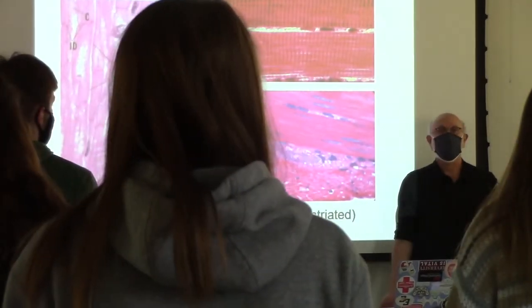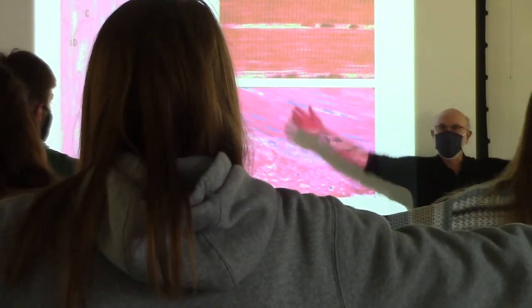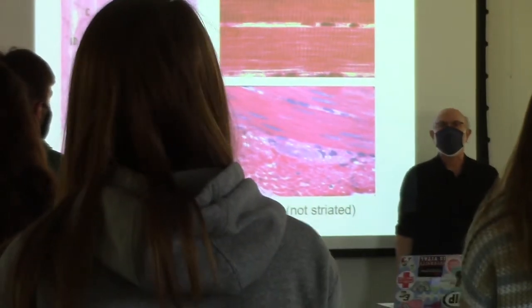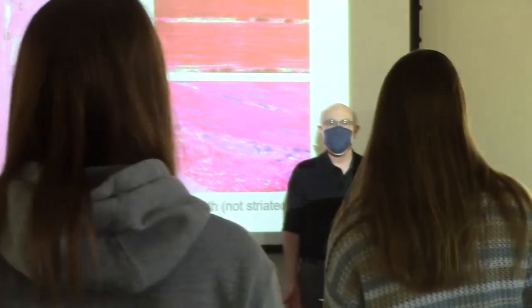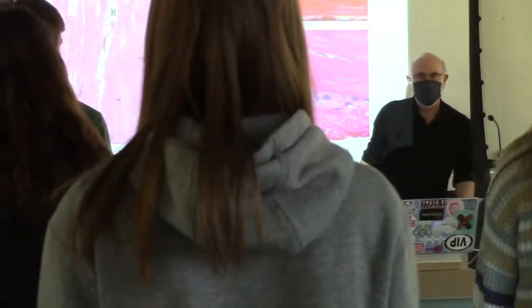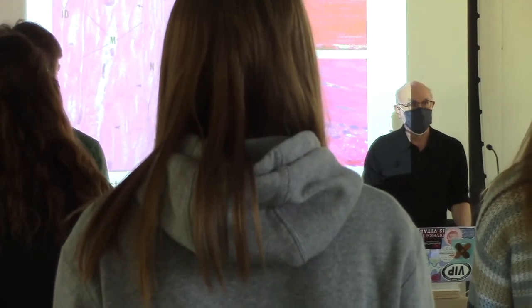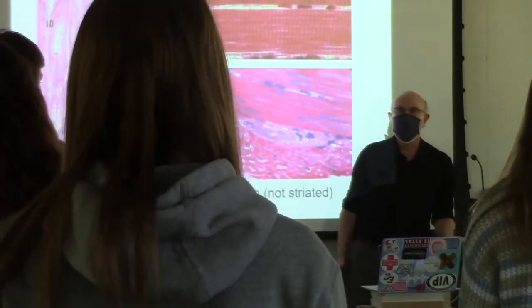Abduct both of your arms. That's abduction. Okay, let's go to the anatomically neutral position. Abduct one of your legs. Obviously you can't do them both at the same time. Okay, abduction of the leg. And then adduction of the leg, right? Abduction, adduction.